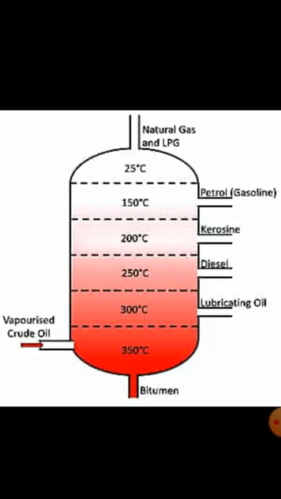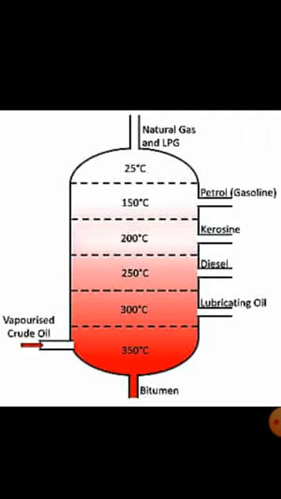A tall fractionating column is fitted above the mixture with several condensers coming off at different heights. The column is hot at the bottom and cool at the top.